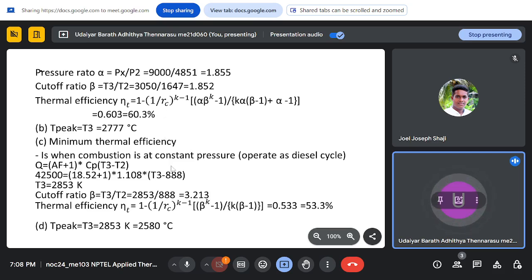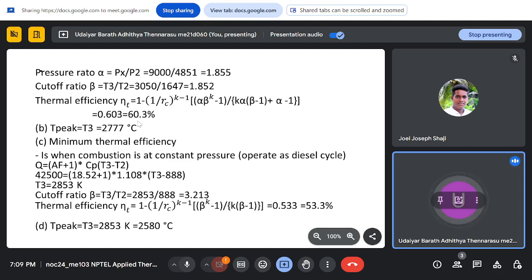With the given inlet temperature and pressure, your maximum permissible limit, the air fuel ratio and so on, this is the maximum efficiency you can get operating as a dual cycle. With those conditions you cannot go to a diesel cycle, sorry, Otto cycle; it's not possible. So you can best possibly operate as a dual cycle, and the maximum efficiency you can get is 60%.